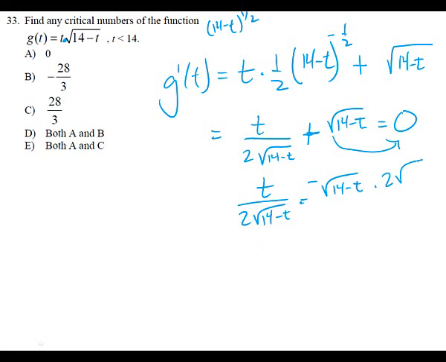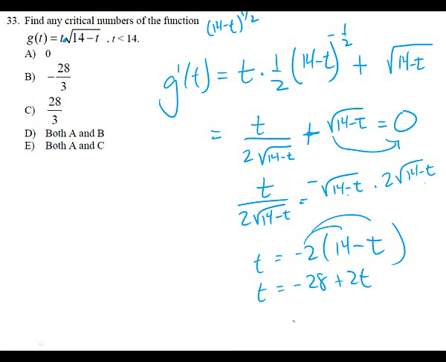If I'm multiplying by 2 square root of 14 minus t, I have a negative 2, and then this radical times that radical is just the junk underneath, isn't it? See, it looks a lot better now. All right, I'm going to distribute. So we've got t equals negative 28 plus 2t. Subtract the 2t over, so I've got negative t equals negative 28, or 28.